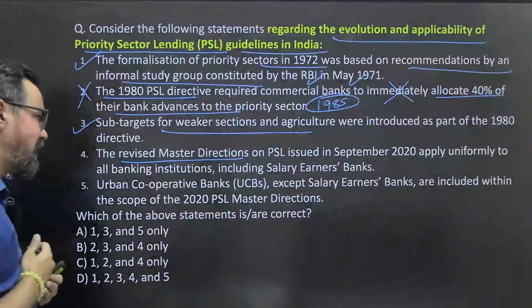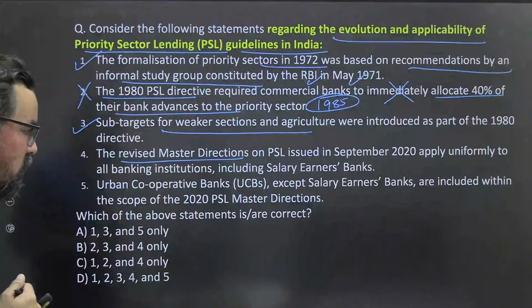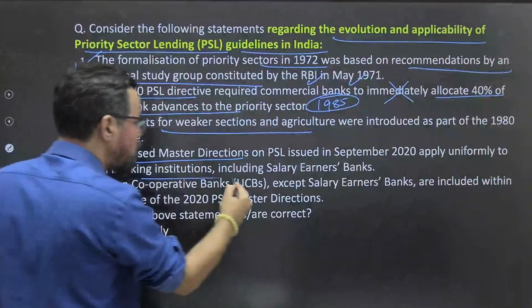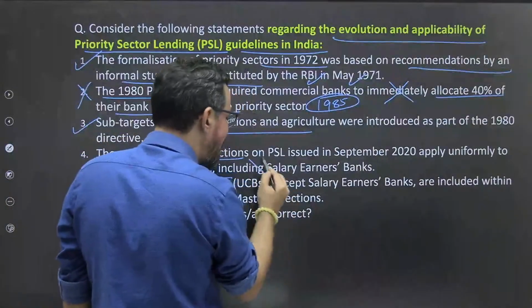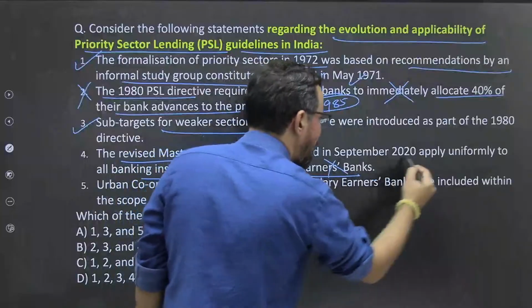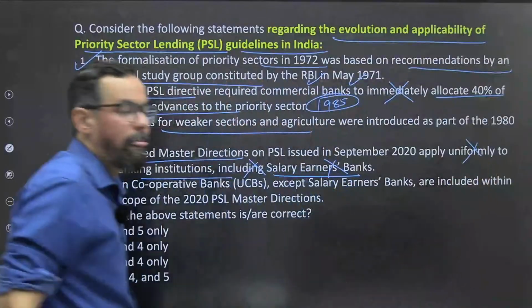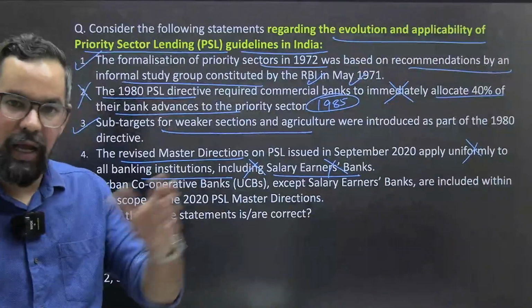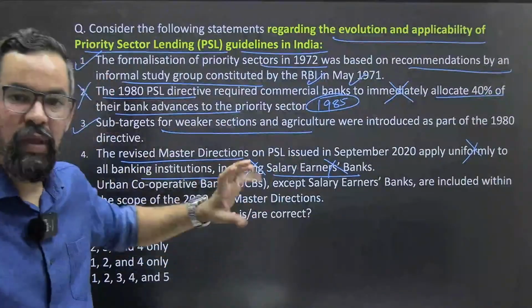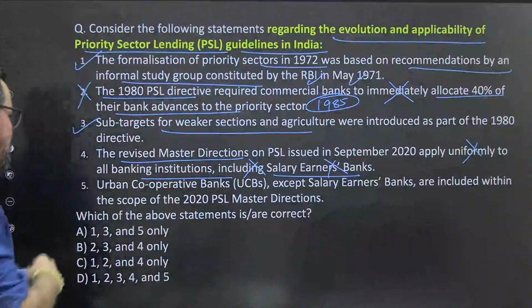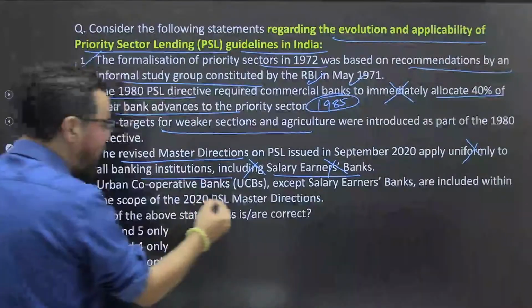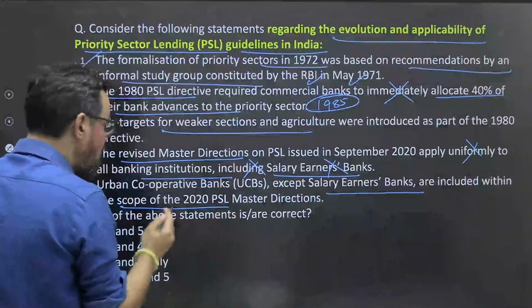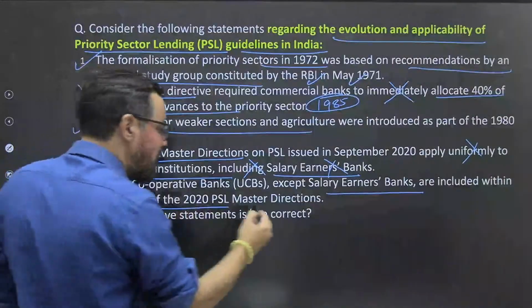The revised master direction on PSL September 2020 applies uniformly to all banking institutions including salary earner banks. No, salary earners banks are not part of this one, ठीक है. सैलरी अर्नर्स बैंक are like these are mostly आपका कोऑपरेटिव बैंक्स and all, जो सैलरी मैनेजमेंट को ही आपका देख रहे होते हैं, ठीक है. And they are not part of this particular category. Wrong. Urban cooperative banks except salary earner banks are included within the scope of 2020 PSL master direction.